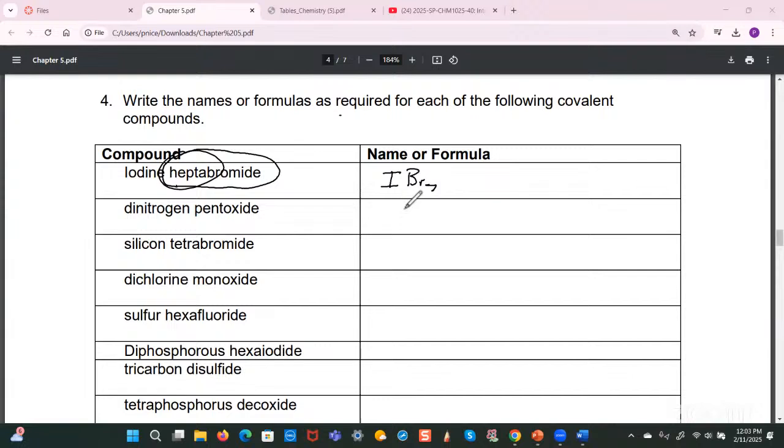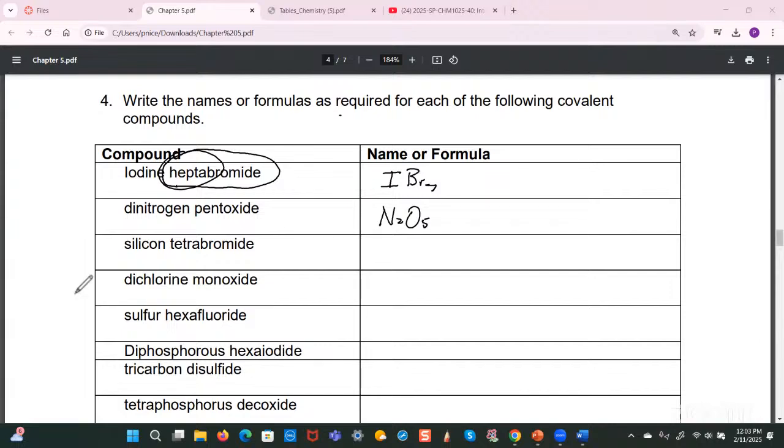What's the first part of the formula? N2, and then O5, exactly, and that's it, all right? So, if you understood what we just did for the first two, you should be able to do the others.